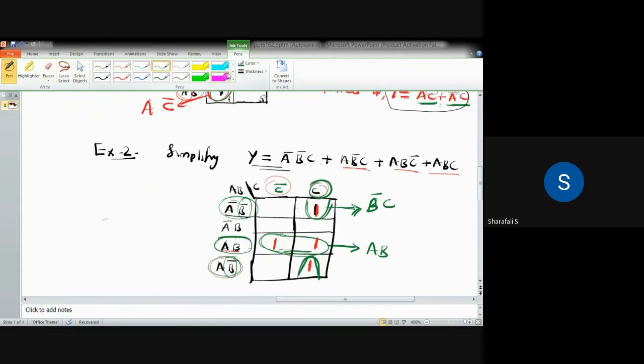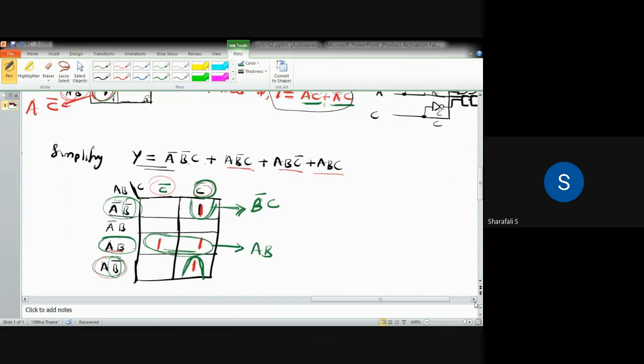So the total output will be the simplified form, which means the SOP form.